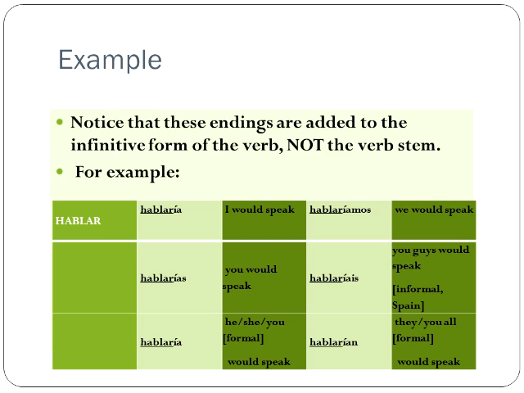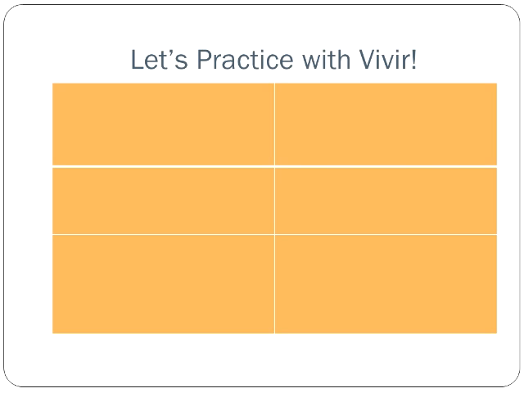Okay, so this is an example, and after our session through Illuminate, the students who are here in person can get more practice. Okay, so let's practice with vivir. Try to do the first one on your own. And I'm going to go around the room and check.